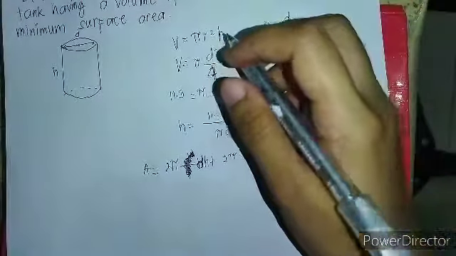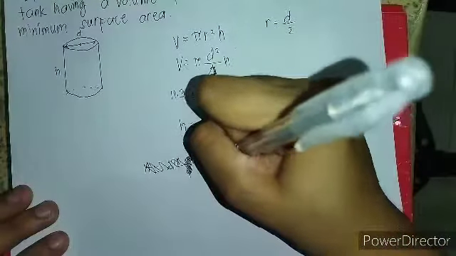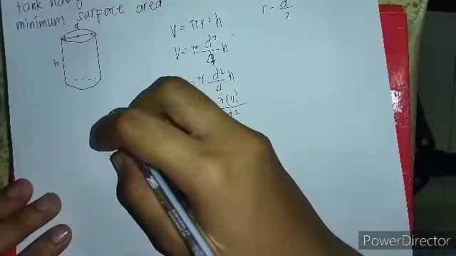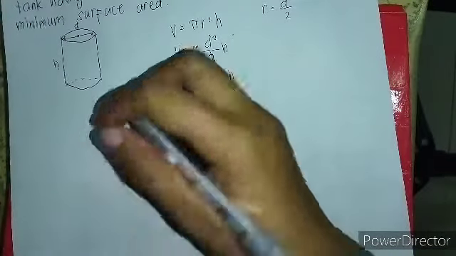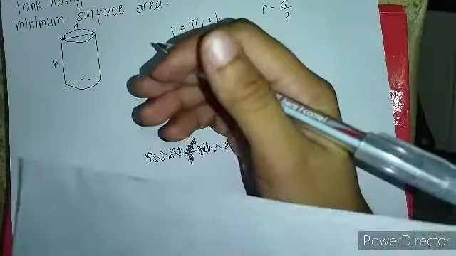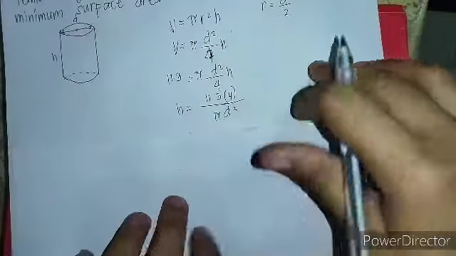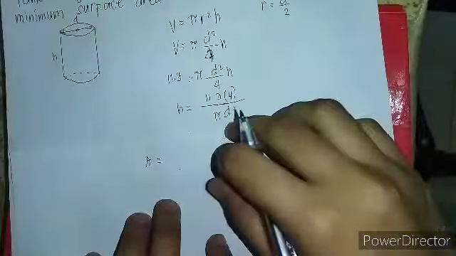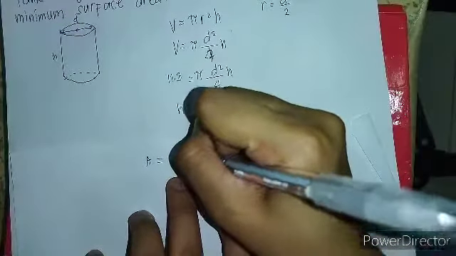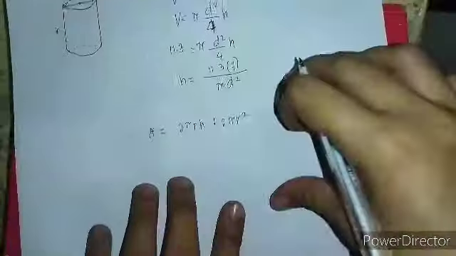So we have area is equal to 2 pi r h plus 2 pi r squared.